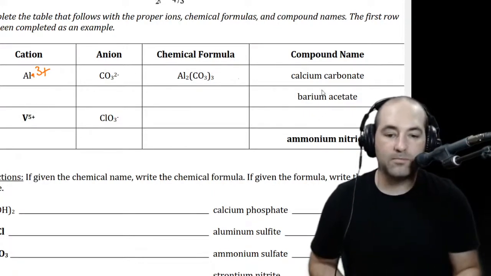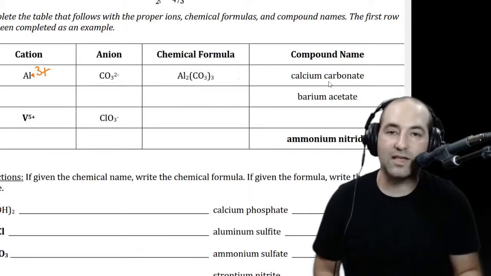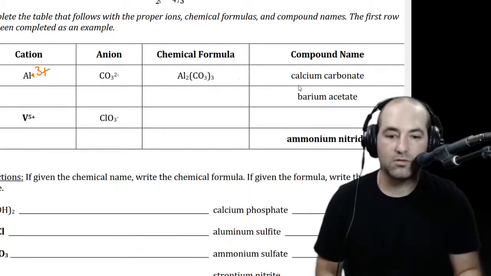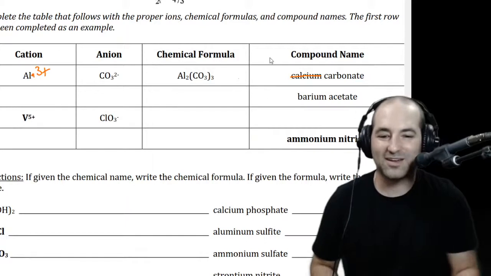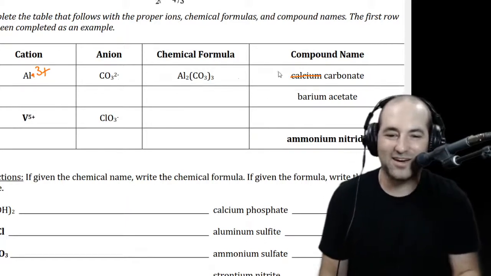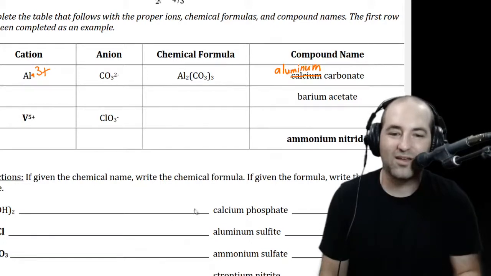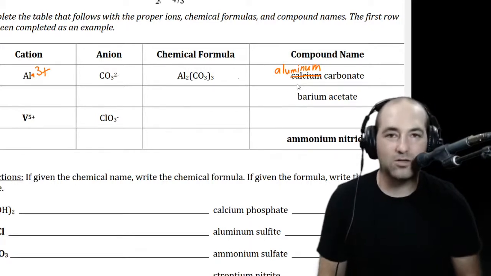And then with the name, again, it's named the exact same way with the same rules, except that this one's also wrong. Man, this was rough. Sorry. This should be aluminum carbonate. While we're talking about that, by the way, if you've heard aluminium, that is also a correct way of spelling and pronouncing aluminum.